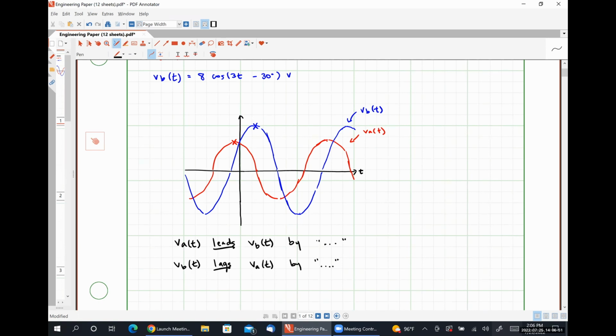So the reason why I'm saying that VA is leading VB is because the red curve hits its peak value at an earlier point in time than the blue curve does, right? Similarly, VB is lagging VA because the blue curve hits its peak at a later point in time than the red curve VA.